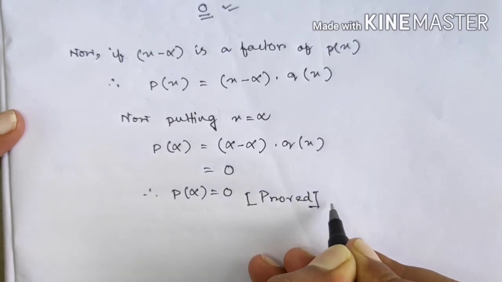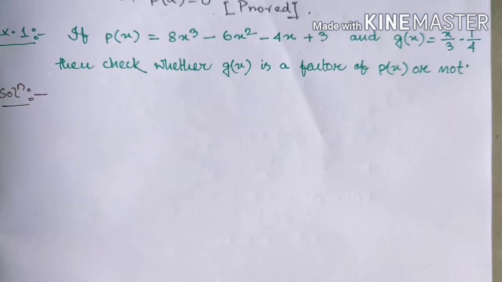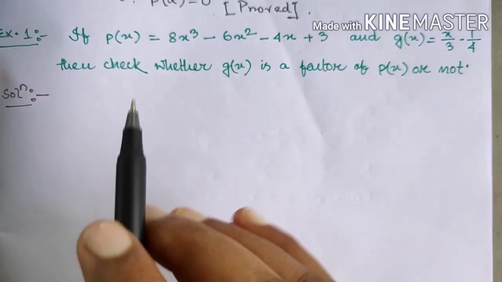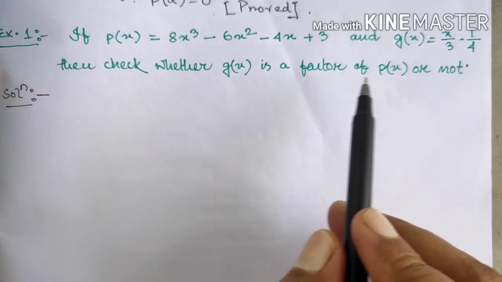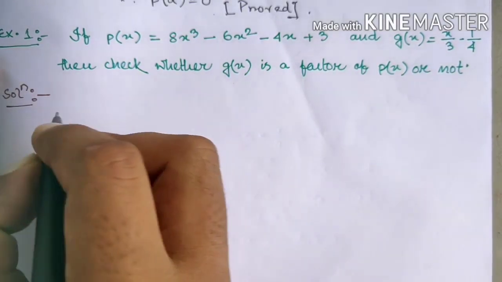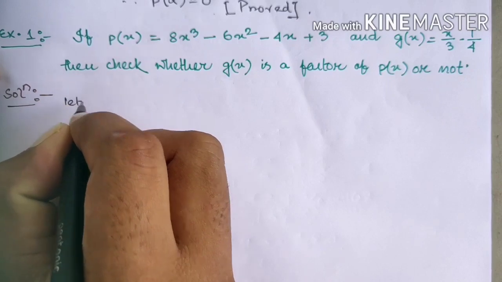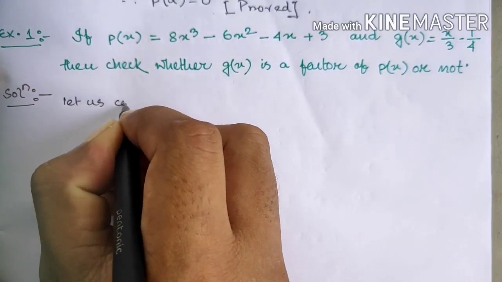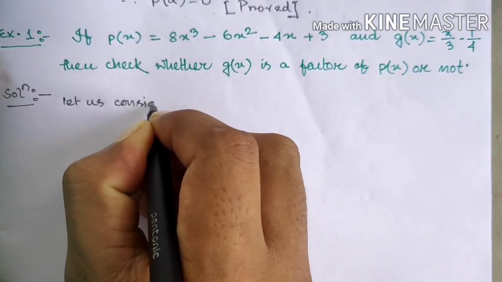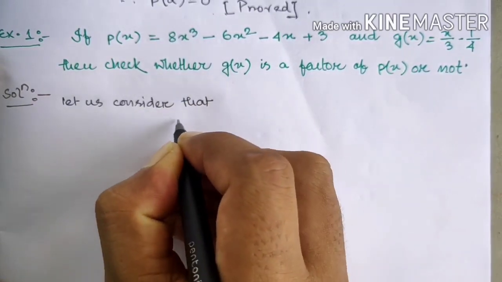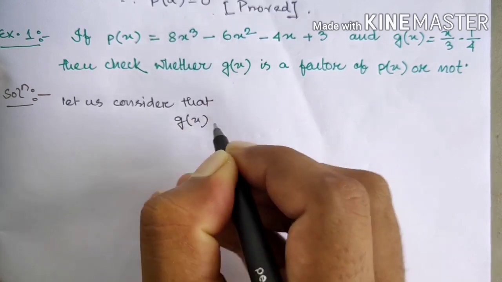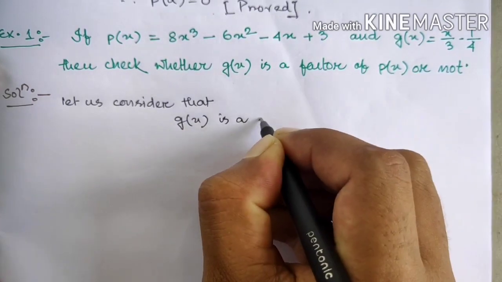Let's do some problems. Example 1. If p of x equal to 8x cube minus 6x square minus 4x plus 3 and g of x equal to x by 3 minus 1 by 4, then check whether g of x is a factor of p of x or not. Let us consider that g of x is a factor of p of x.